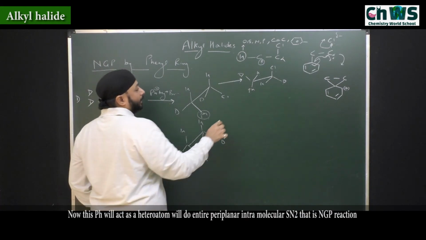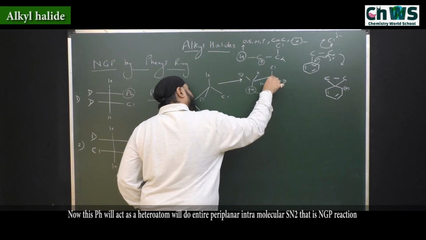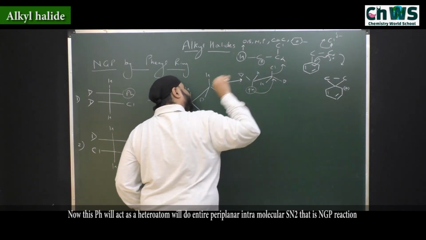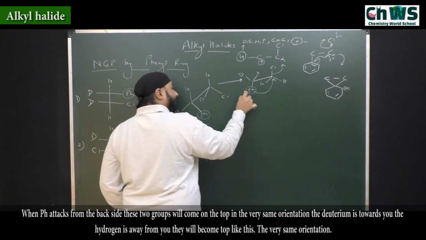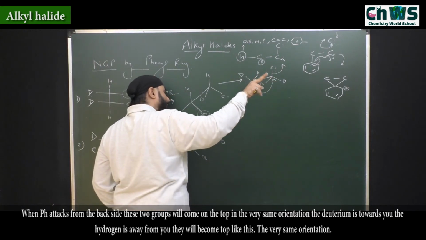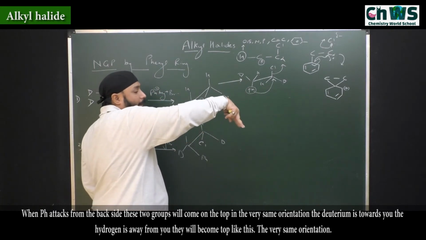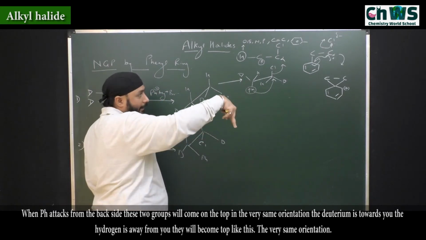Now this Ph will act as a heteroatom, will do anti-periplanar intramolecular SN2, that is the NGP reaction. When Ph attacks on the back side, these two groups will come on the top in the very same orientation. The deuterium is towards you, hydrogen is away from you, they'll become top like this, the very same orientation, right?